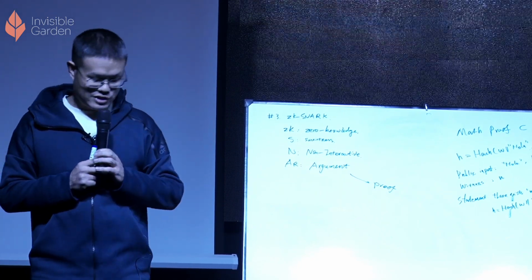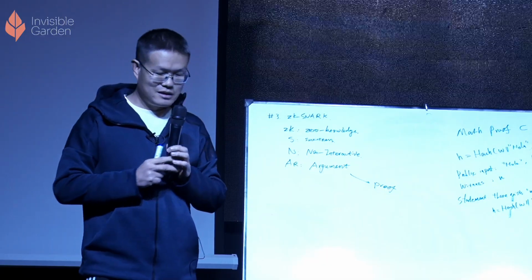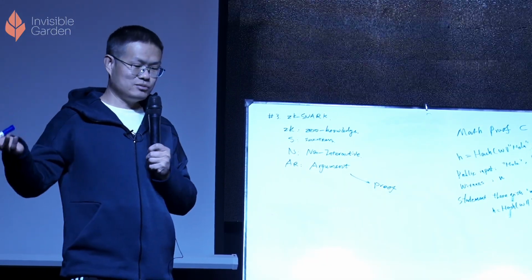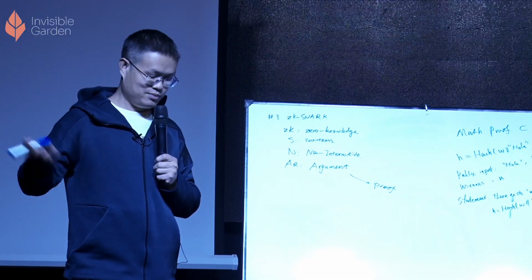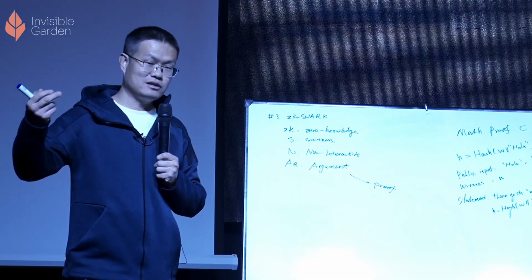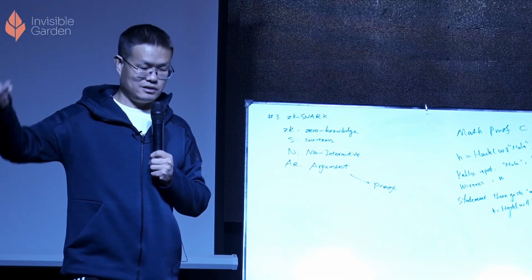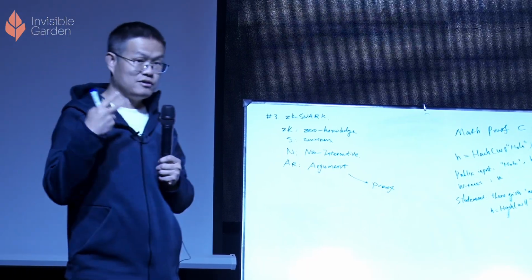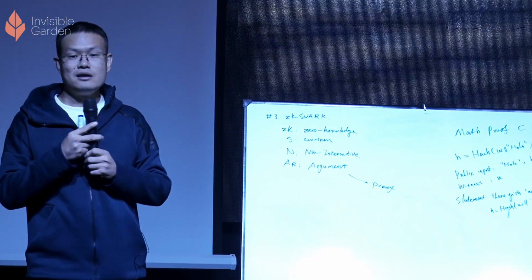So here is the thing. For example, the prover uses some zero-knowledge proof to prove something about encrypted data, and then puts the proof, the argument, on chain.